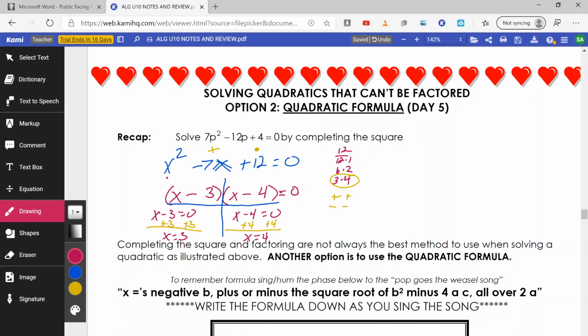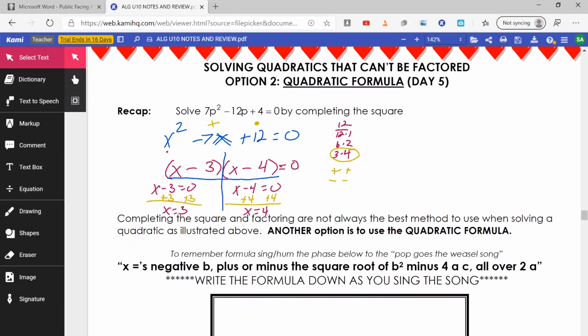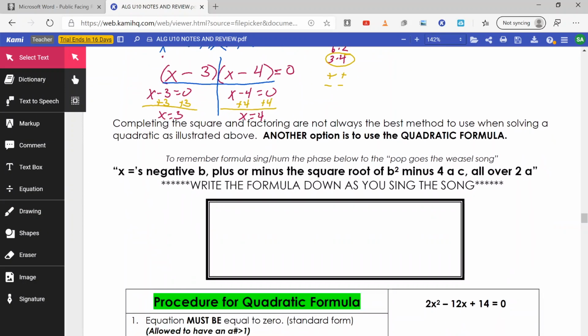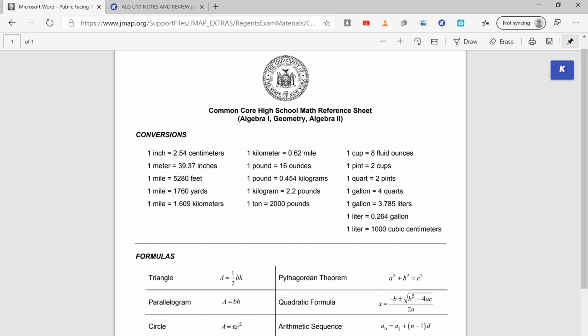Now, what happens if we cannot do this, meaning what we have is not factorable? What we actually have to use is what's known as the quadratic formula. This is a formula that you do not have to memorize, because when you get to the New York State Regents exam, we are given this reference sheet.